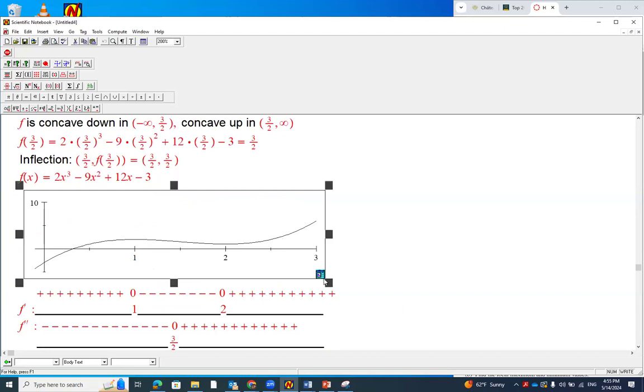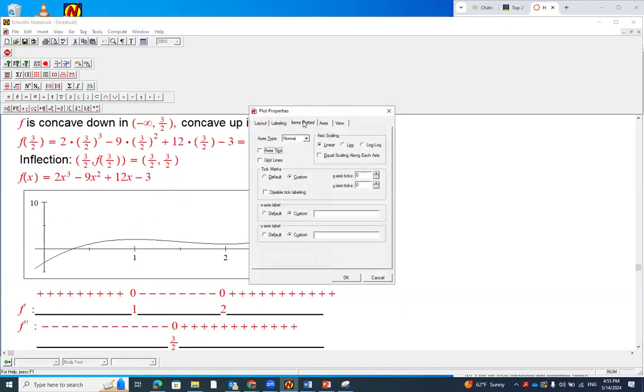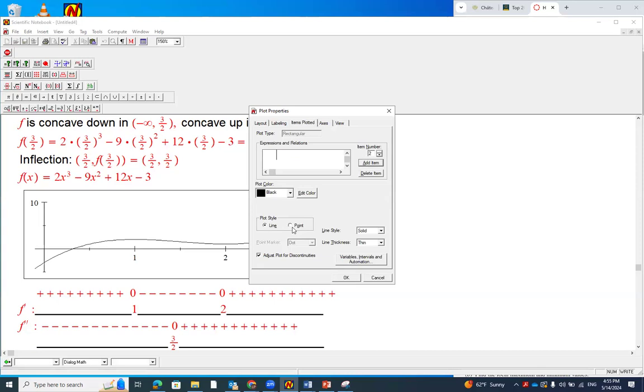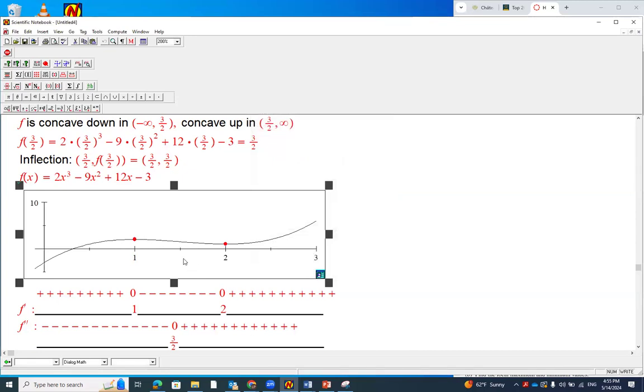That's 1, 2. Local max. Okay. Local min, 2, 1. Local max, local min, right?